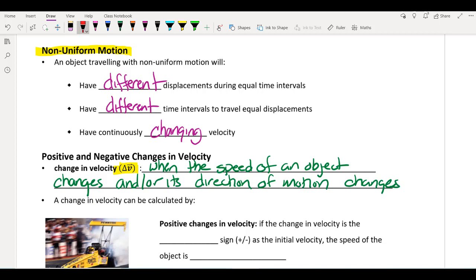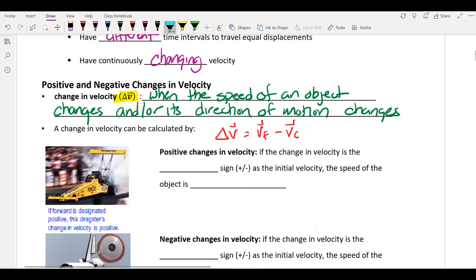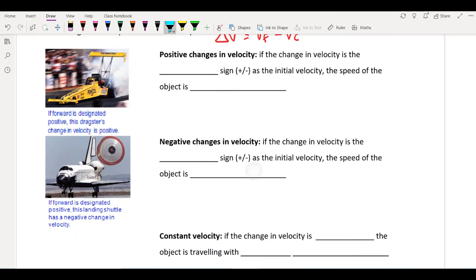So if you wanted to know what the change in velocity is, change in velocity is simply the final velocity minus the initial velocity, right? Now there are three different types of changes that can occur. We can have a positive change in velocity. We can have a negative change in velocity, or we could have no change. In other words, constant velocity, right?